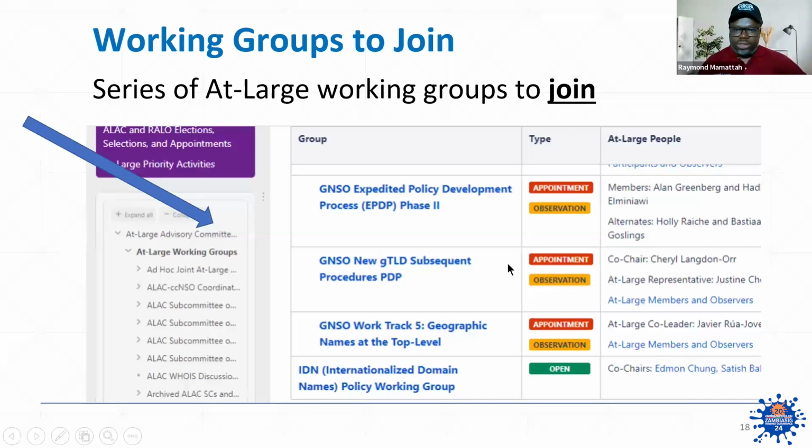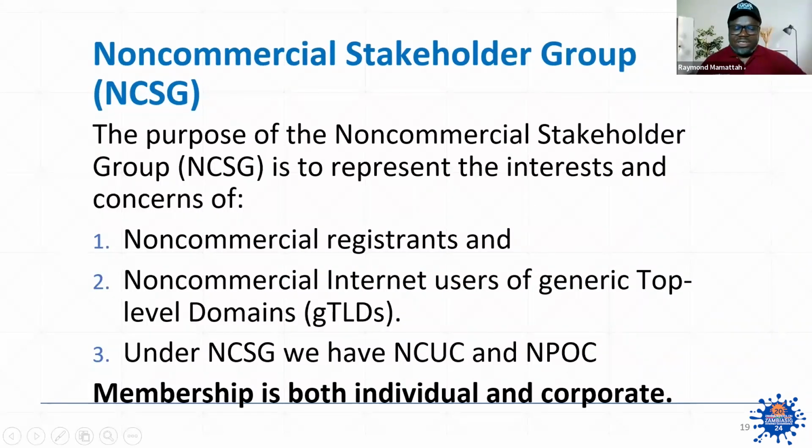I want us to quickly rush to the GNSO. So the NCSG, this is one of the sessions that I want us to take. That group is also one of the groupings that represents end users. So it is in two ways: you can join as an individual end user or as a representative of an organization.